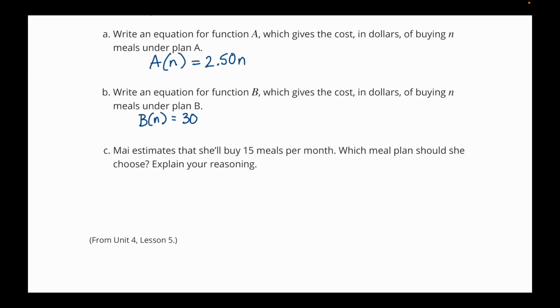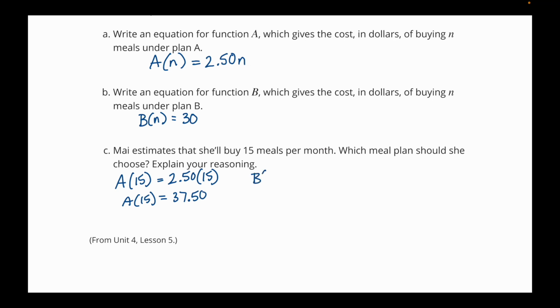And explain your reasoning. So we want to make sure that if Mai's only going to buy 15 meals, we're choosing the cheaper plan. So we're going to plug in and say A of 15, and then compare that to B of 15. So this would be 2.50 times 15, and A of 15, if we multiply that out in a calculator, is going to be 37.5.